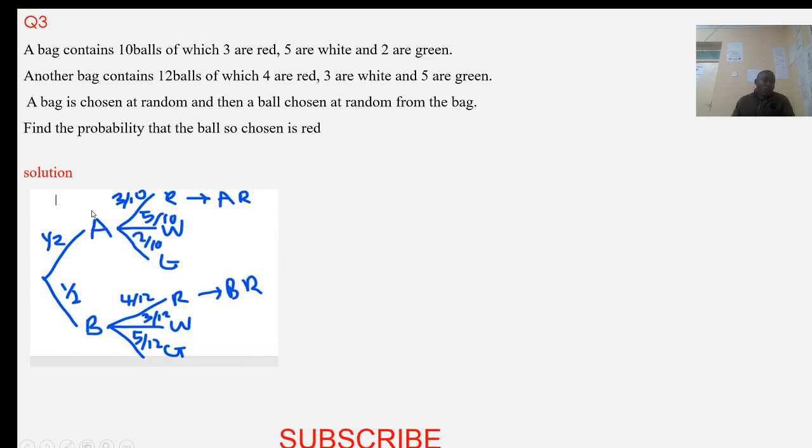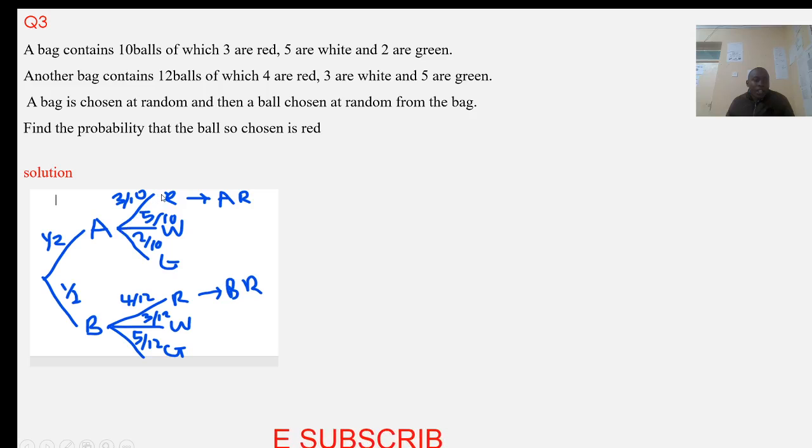So, first of all, we have bag A and bag B. The probability of choosing from bag A is a half, and the probability of choosing from bag B is a half. Now, you are told that a bag contains 10 balls, of which 3 are red, 5 are white, and 2 green. So we shall have red, white, and green.